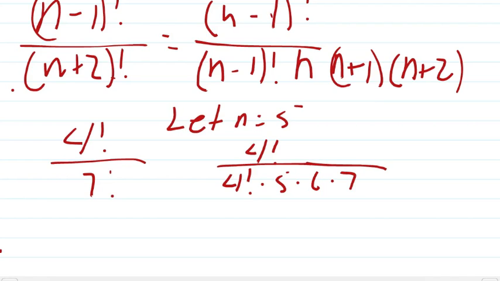Okay? This is n minus 1, this is n plus 1, and that's n plus 2. Okay? So since this expression up here was n plus 2, we have n plus 1, and n plus 2 as additional terms in the denominator that we don't have in the numerator.